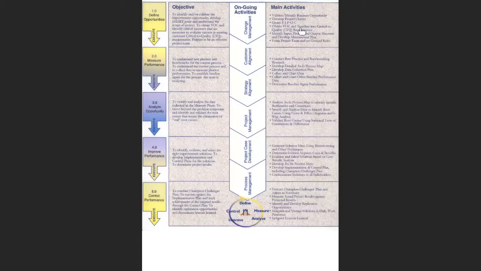Now, you may see some say SIPOC is in the define phase, while others say it is in the measure phase. This is not going to make a big difference, but at the end you have to know how to use it correctly. There are also some other tools that are famous in all versions of the DMAIC.